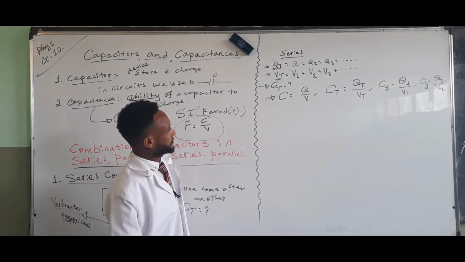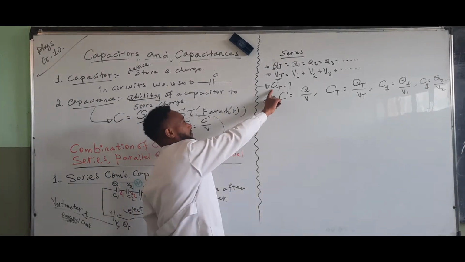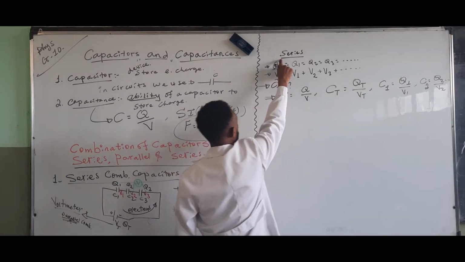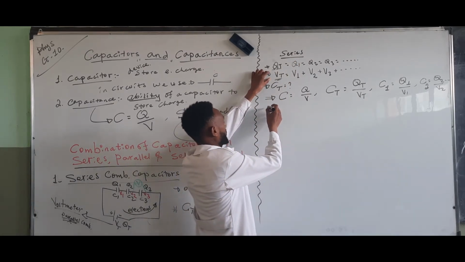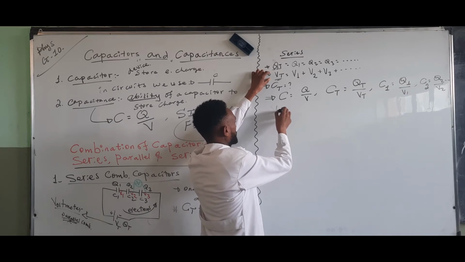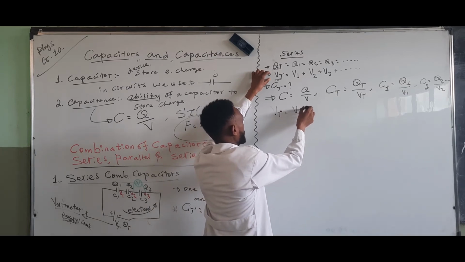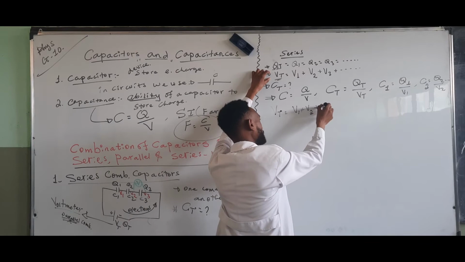Okay, let's see the total capacitance of capacitors in these series combinations. In a series combination, the total voltage is the summation of each individual voltage.